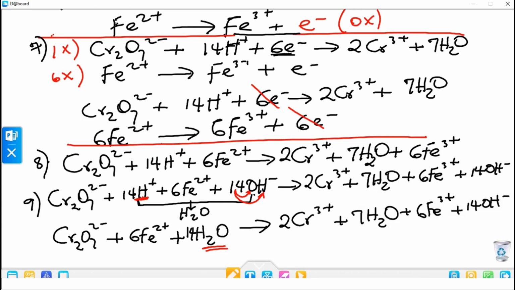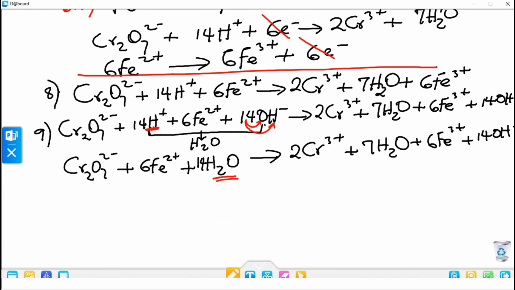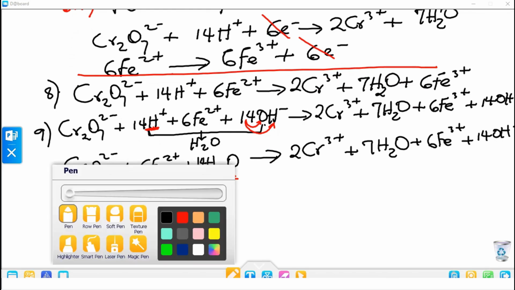There is no H at the right hand side to combine with that 14 OH minus, so we have to leave it that way. Now look at what we have here. There are 14 molecules of water at the left hand side, but we have 7 molecules of water at the right hand side, so they can cancel out each other.